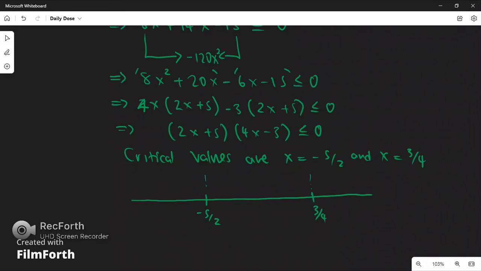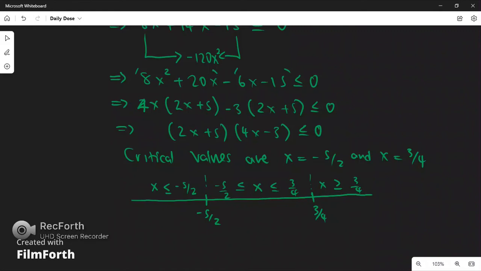We have this region which lies on the far left, which represents all values of x which are less than or equal to -5/2. Then we have the in-between region which represents all values of x which are greater or equal to -5/2, but at the same time less than 3/4. Then we have the final region which consists of everything greater than 3/4, like that.